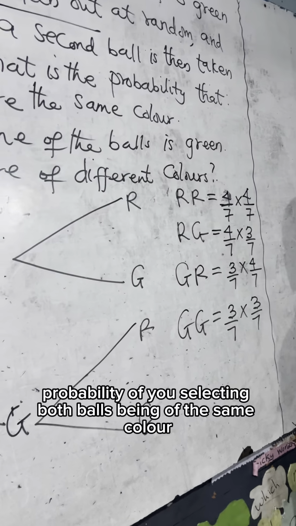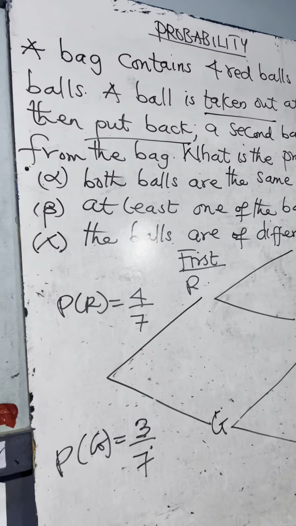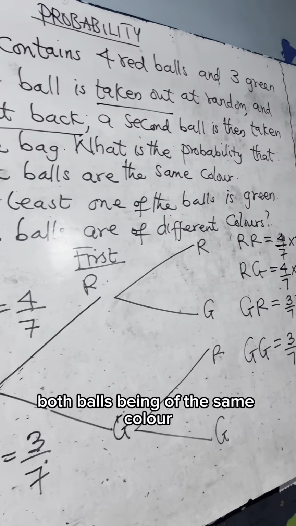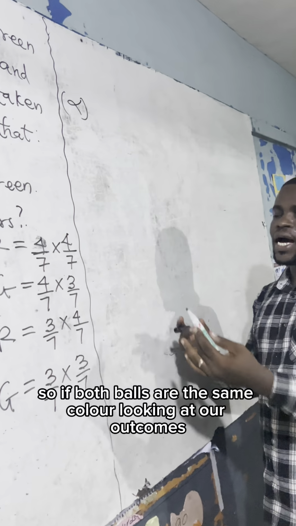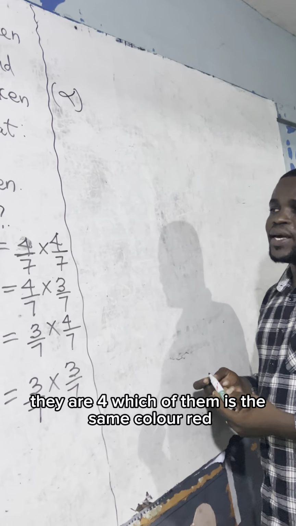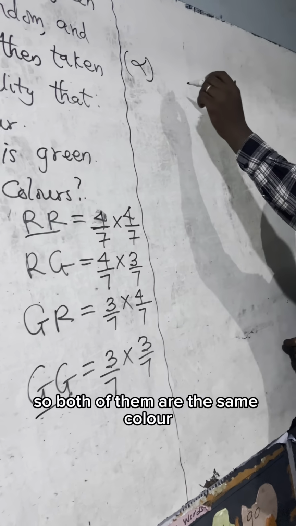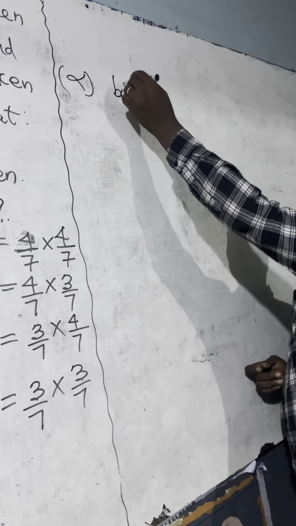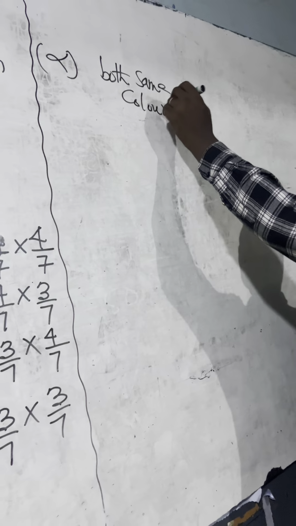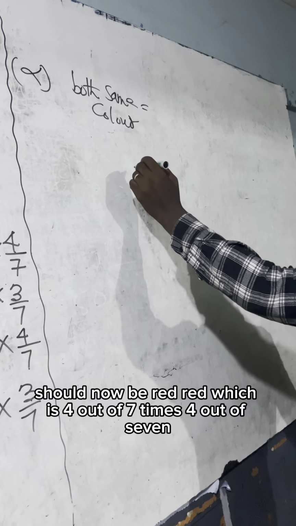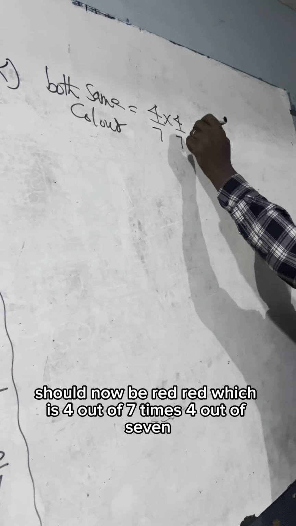The probability of you selecting both balls being of the same color. So if both balls are of the same color, looking at our outcomes, there are 4. Which of them is the same color? Red, red, and green, green. So both being of the same color should now be red, red, which is 4 out of 7 times 4 out of 7.